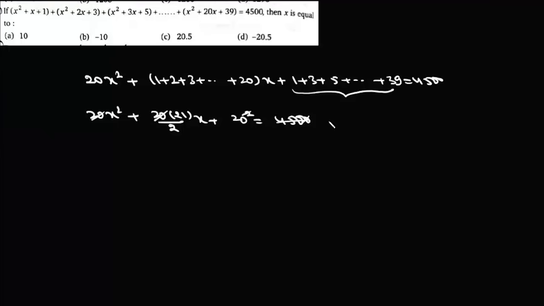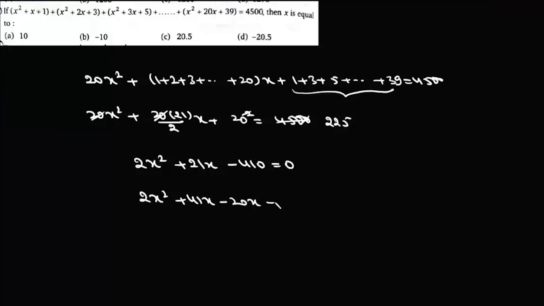Now this 20, 20 and 20 will cancel. So this is 225. If we multiply this by 2, we'll get 2x square plus 21x, and this is 40, and this is 450. So it will be minus 410 equals 0. Now we can write this as 2x square plus 41x minus 20x minus 410 equals 0.